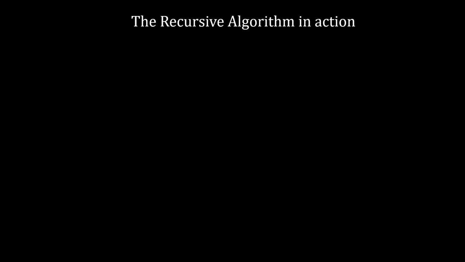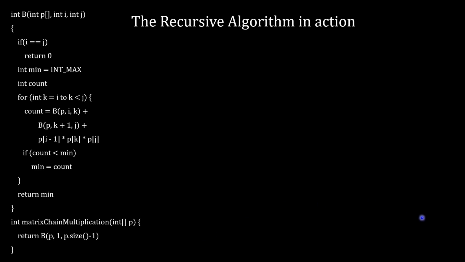So let's have a look at the recursive algorithm actually with an example to get an idea of how it works. So this is the code that we're going to be using. So we're going to be first calling the overall final solution, which is going to be the full range of matrices multiplied together.